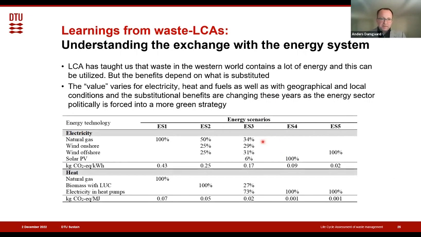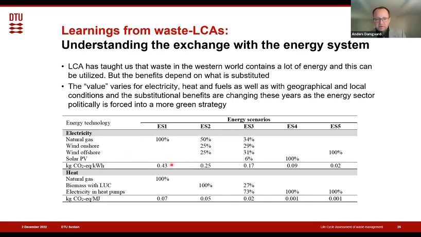So if we have different energy profiles here, and this is actually from a result you will see later, here we have different energy mixes we could have. Up here at the top is for electricity, with the percent of different fuels over here. And then down here we can see, okay, but what is the climate impact of delivering 1 kilowatt hour of electricity?